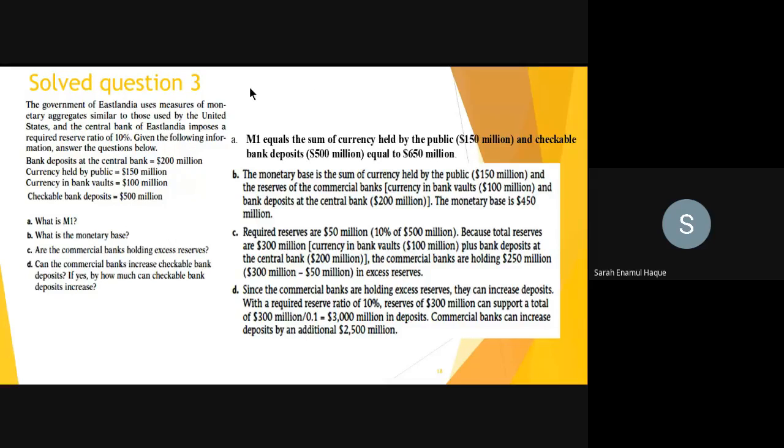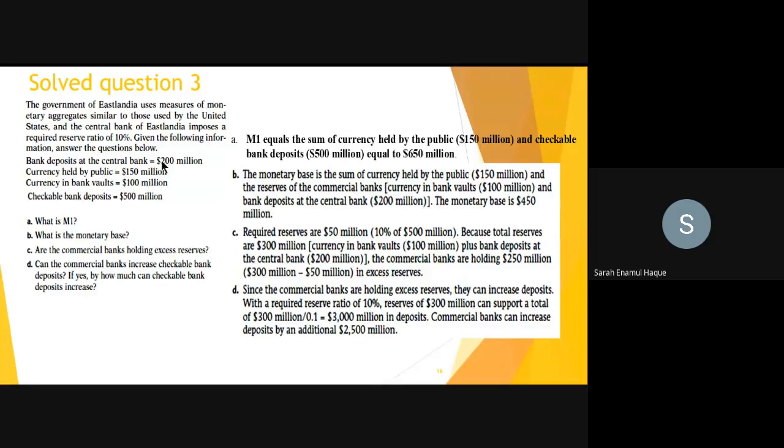So in reality, how much money did it give to the bank in any case? You can see that the total reserve is 300. How? Because look, 200 is already given to the central bank, and it also has an extra 100 million, right? So in total it has reserves of 300 million.